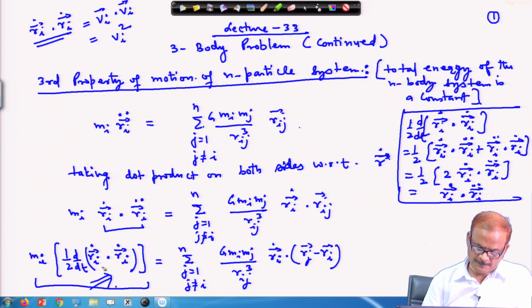This is the situation from this equation: m I and 1 by 2 we have taken outside, so 1 by 2 v square d by dt.